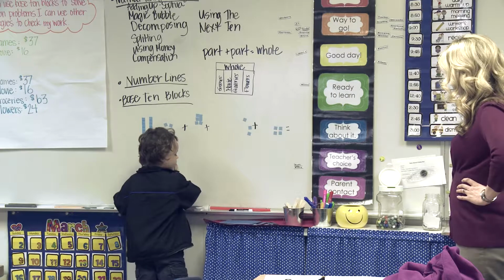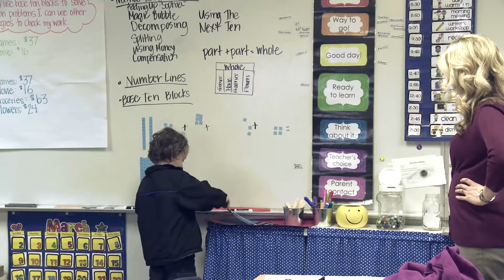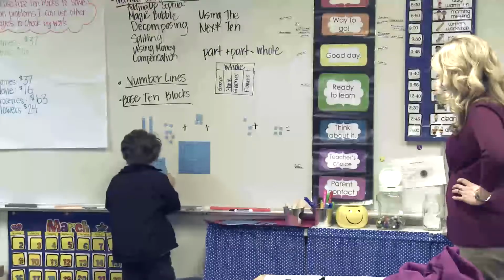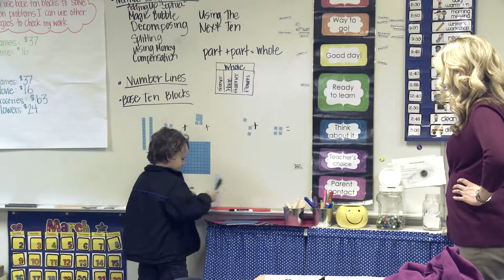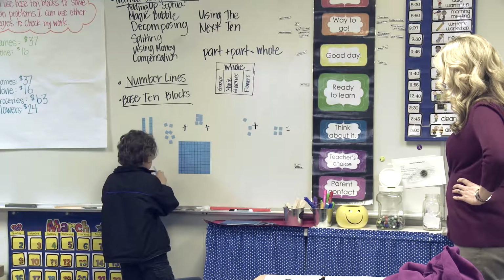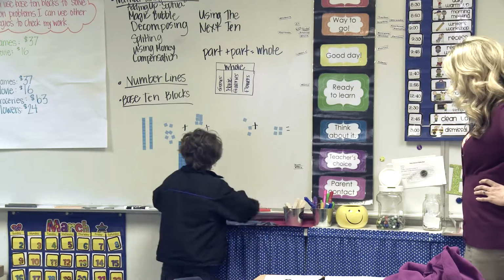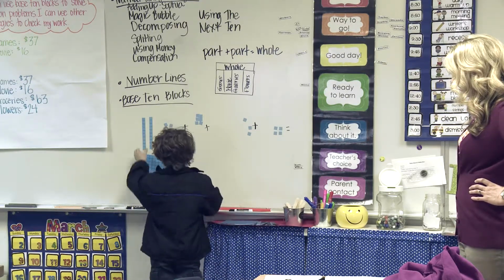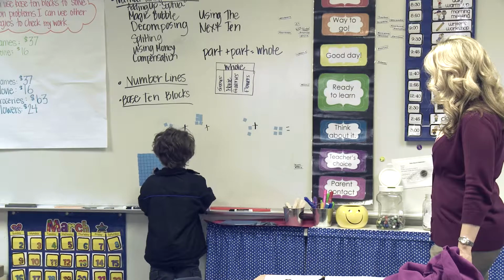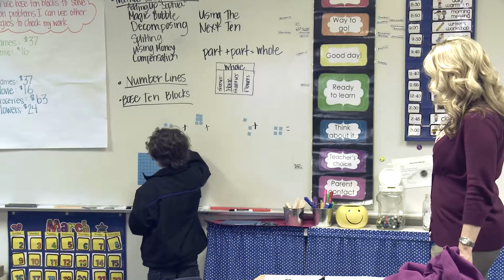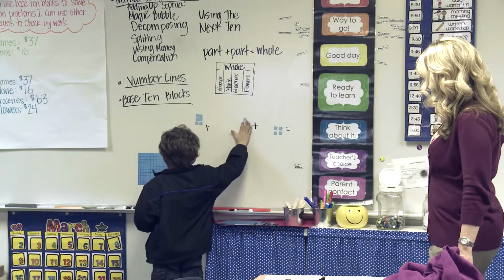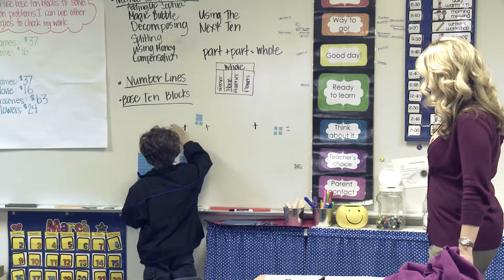Would you like to make a trade? Yeah. So we had 100, and then there's nothing to add these two tens up with, so we have 120, and 7 plus 3 is 10.